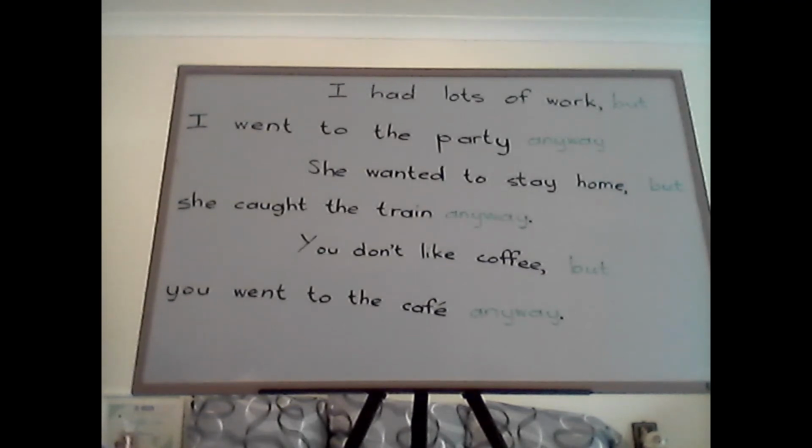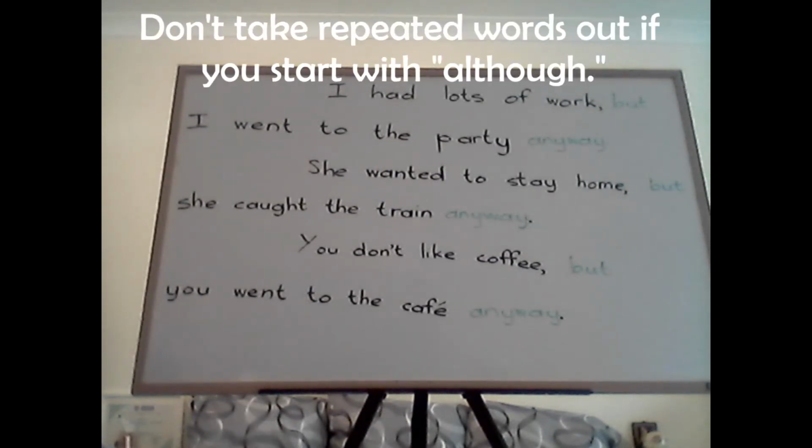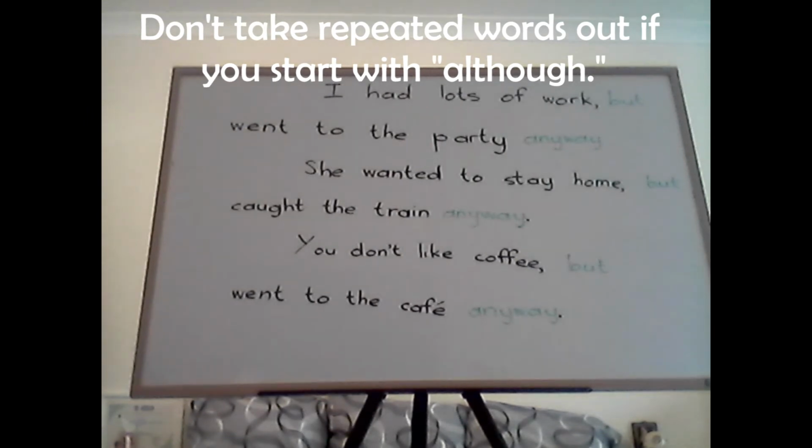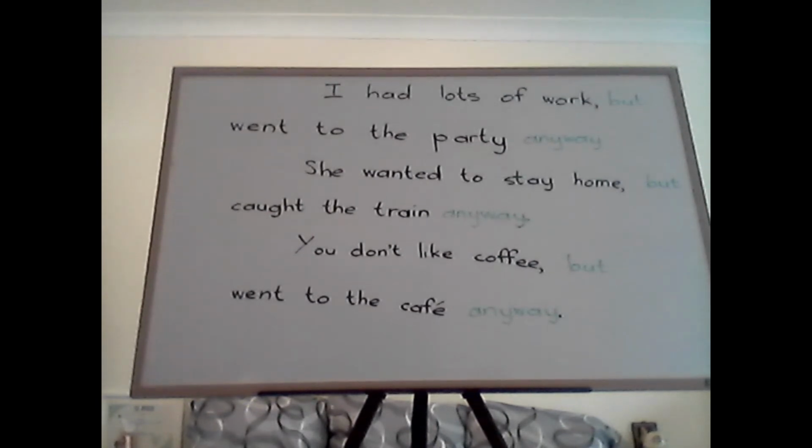In these sentences, we can take out the repeated words. But with the although sentences, we do have to leave the repeated words in. I had lots of work, but went to the party anyway. She wanted to stay home, but caught the train anyway. You don't like coffee, but went to the cafe anyway.